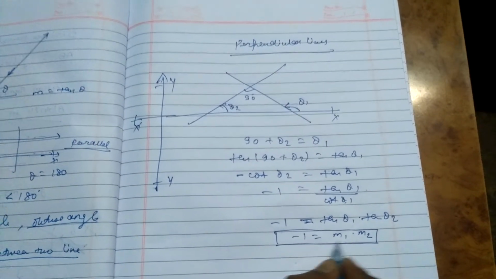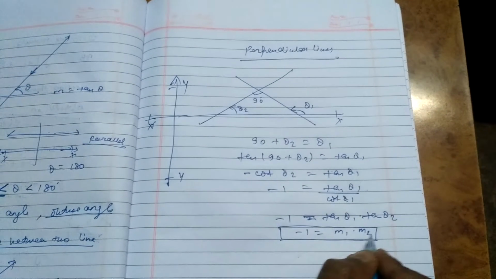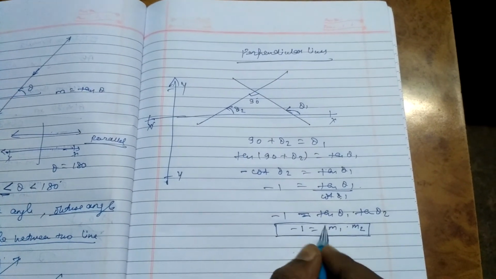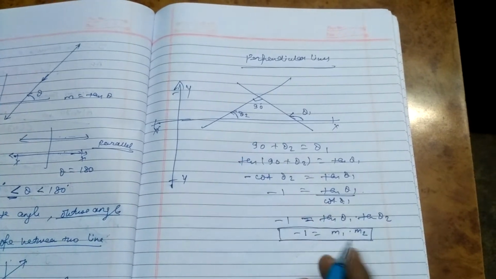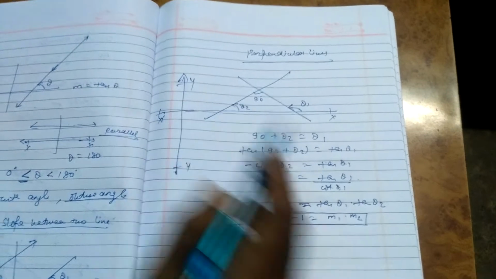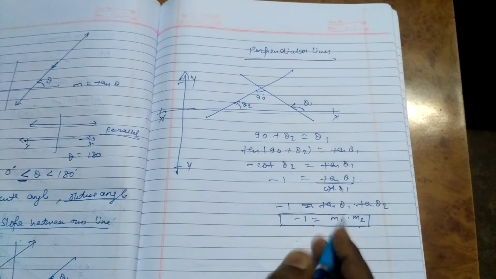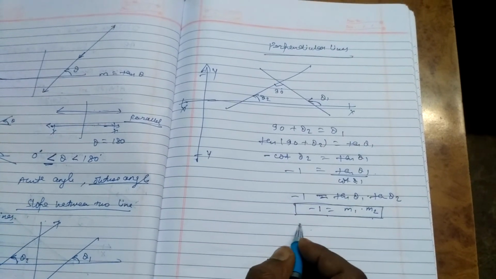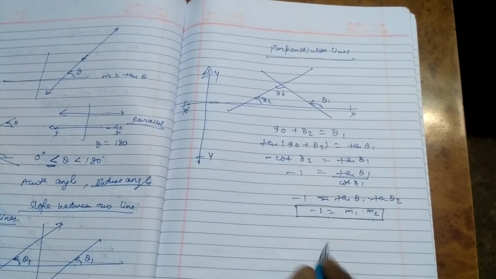So whenever two lines are perpendicular, the product of their slopes should be minus 1. This is how we can tell that both lines intersect at 90 degrees. Also, if we know the slope of one line, we can find the slope of the other line using this formula. So this is what we have about the slopes of two perpendicular lines.